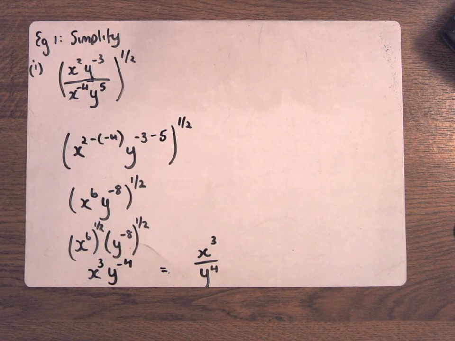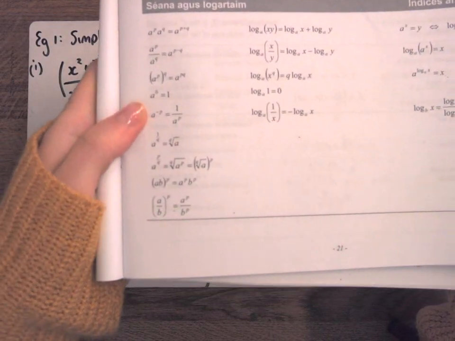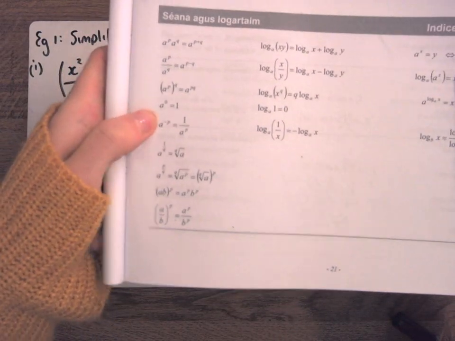Are all those rules in the logbook? All those rules are in the logbook, yeah. Are there any issues with that? This is where you're going, page 21, if you want to write it into your example copy.